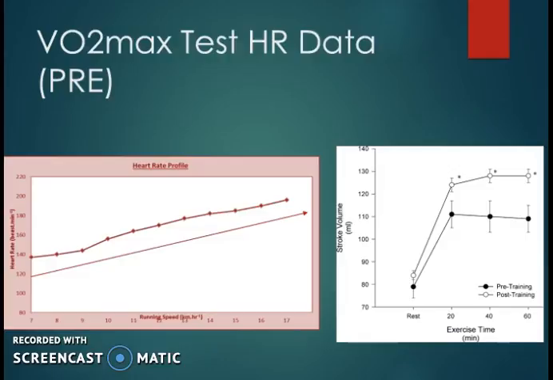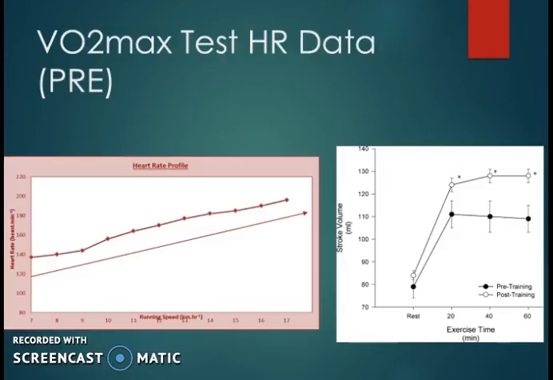But after your 6 week period, you can see that it has decreased at least 20 BPM. He's doing the same amount of exercise, and he can work for longer at a lower heart rate. That is partly because of these CV adaptations. A similar graph is shown on the right.